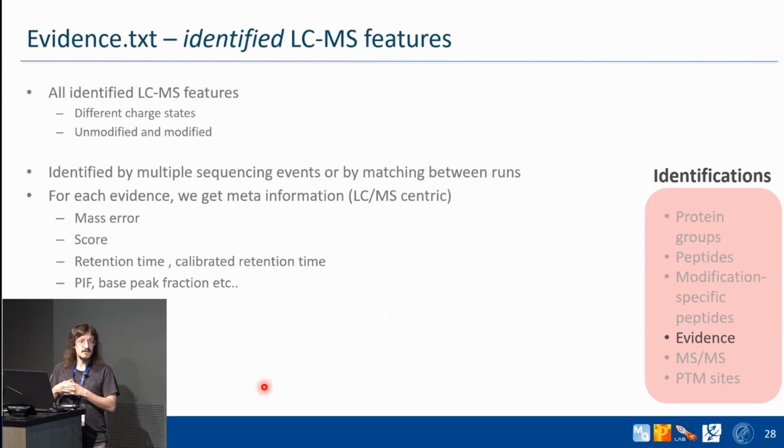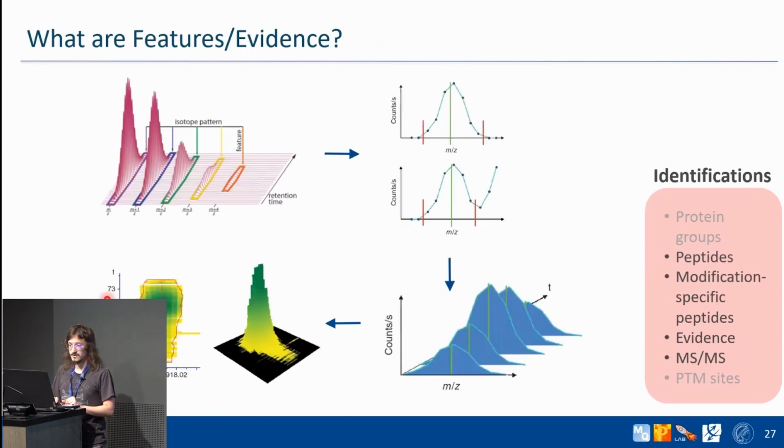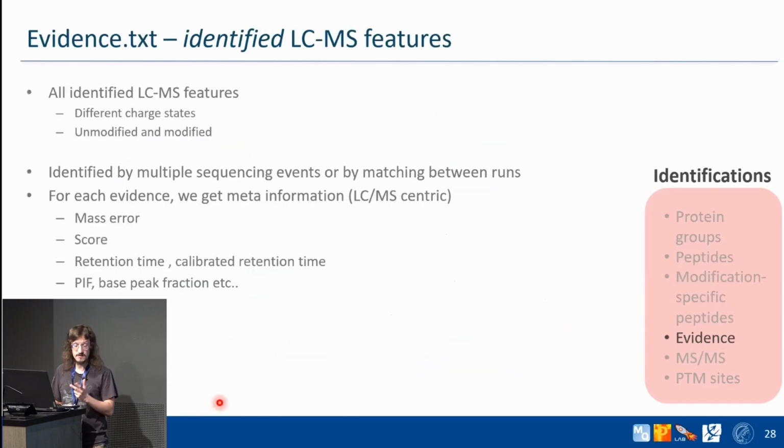So we have the evidence file also. We have all the information about this three-dimensional shape. And we will have information about the different charge states, for example, if your evidence was not in a normal +1 charge state but a different one, or if your signal was identified into a peptide and that identification required a modification.